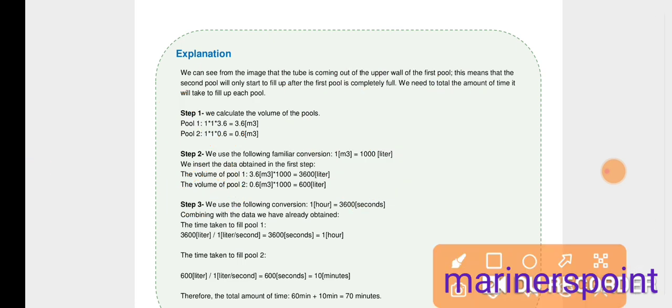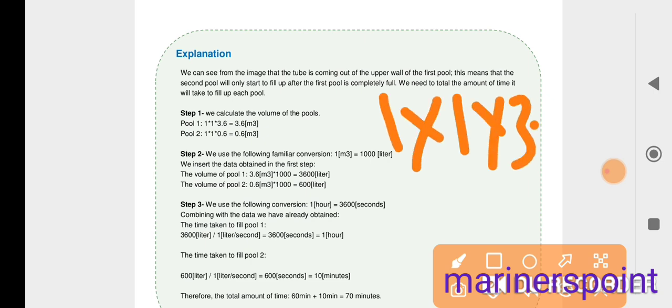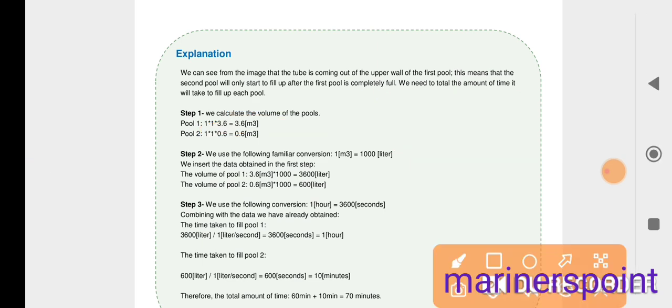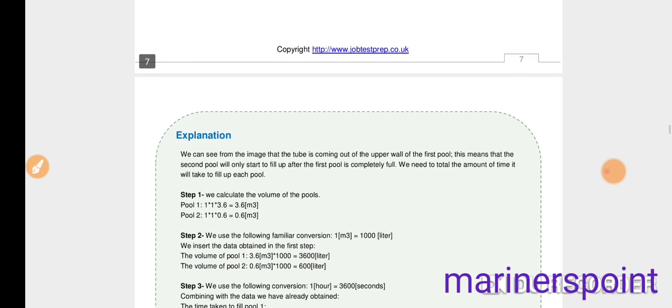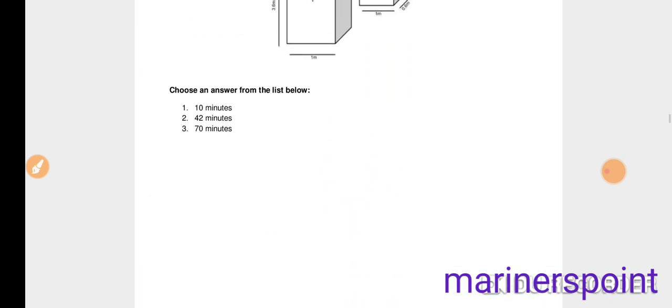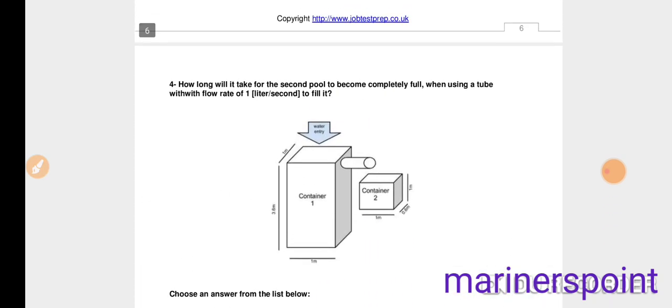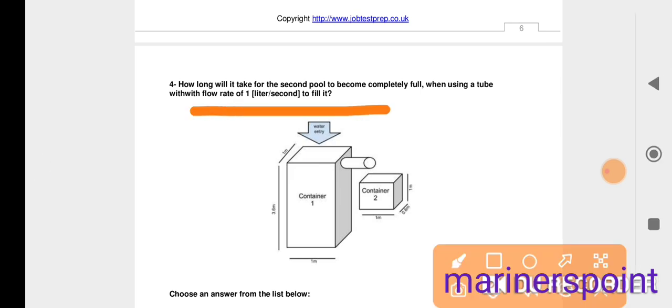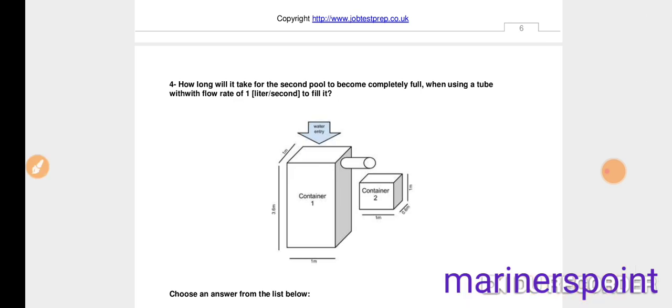So we can easily calculate the pool, or we can say container volume. Here we can calculate 1 into 1 into 3.6. We can say 3.6 meter cube, okay, and pool 2 is 0.6 meter. And here we have been given the flow rate. Flow rate is given as 1 liter per second, okay.